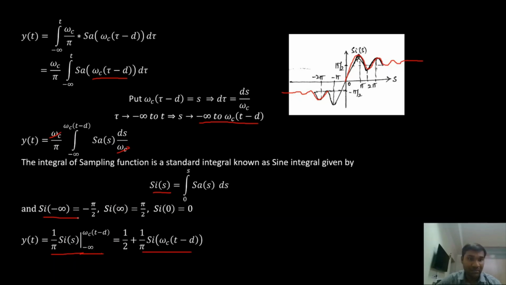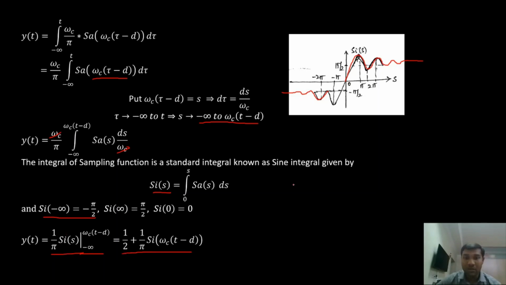Si of minus infinity is negative pi by 2. So minus into minus pi by 2 is plus pi by 2. And I have an amplitude that is 1 by pi. So 1 by pi into plus pi by 2, I have 1 by 2. So this is my final output.